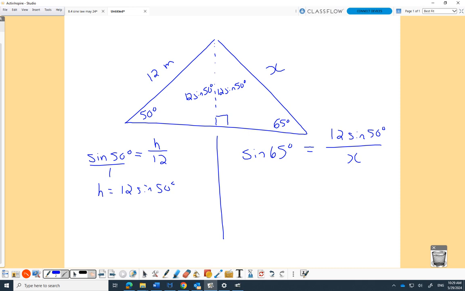I could cross multiply, and I get x sine 65 equals 12 sine 50. But that's not normally how you see it. Normally how you see it, because it's very handy to use, is we bring the sine 50 over with its x here. And I'm sort of uncross multiplying here.